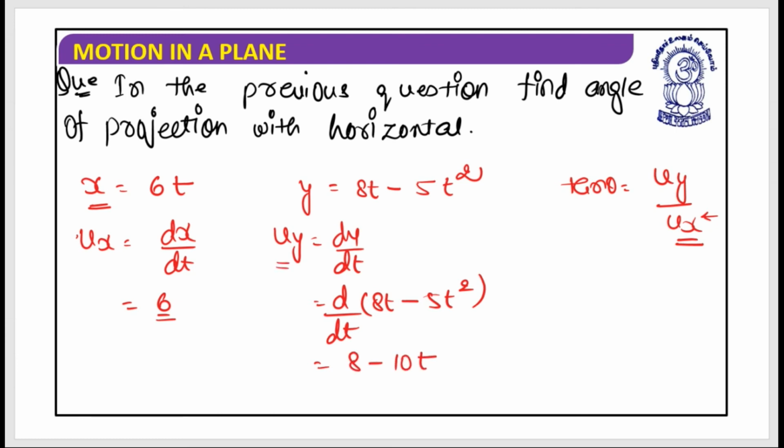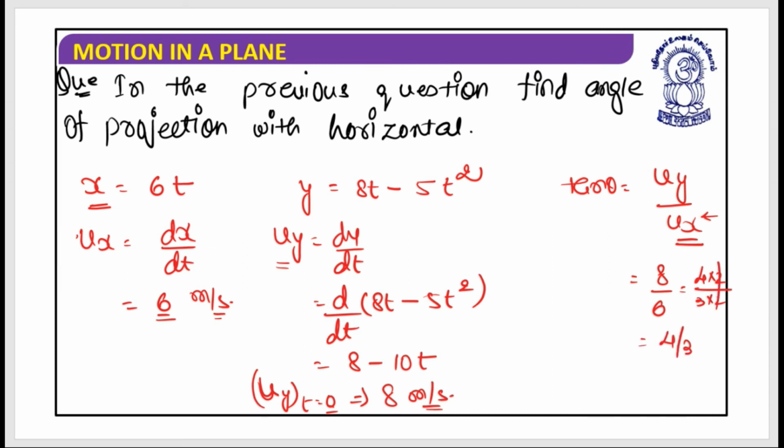When you require uy, the initial velocity, you need to put t equal to 0. So when I put t equals 0, it's 8 meter per second, and this is ux, which is 6 meter per second. So uy by ux is 8 by 6, it's 4 into 2, 3 into 2, the 2 cancels, which gives 4 by 3. Now tan theta is 4 by 3.